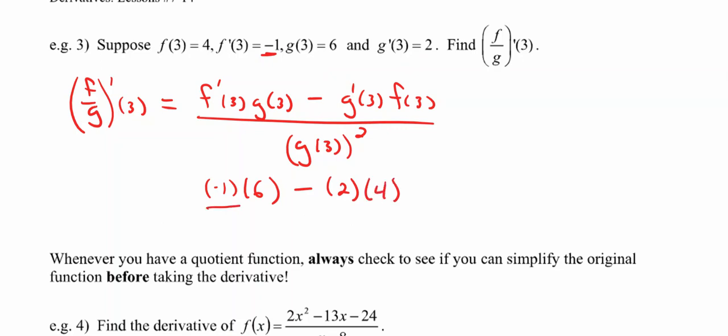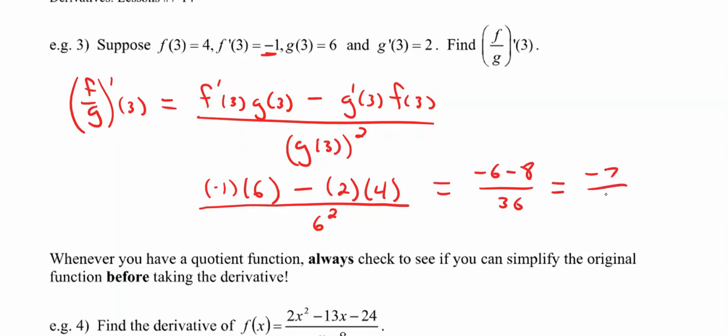And then that's all over g of 3, so g of 3 was 6, right? So 6 squared. Okay, and if we do this, we end up getting negative 6 minus 8 over 36, which would simplify down to negative 7 over 18.